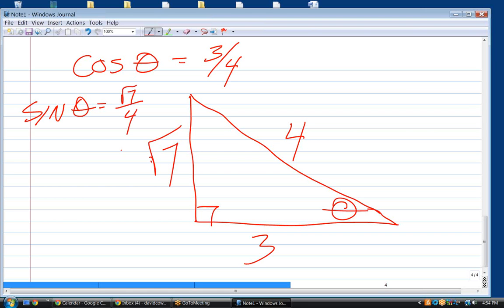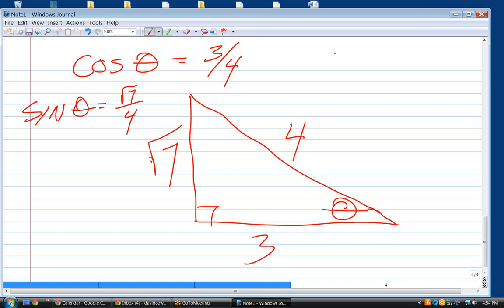Now, the only thing that makes this problem different than your prototypical problem is that they didn't specify which quadrant we were in. They just said the cosine of theta was 3/4. Well, that could be fourth quadrant.